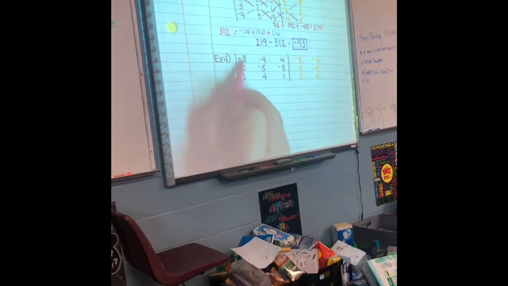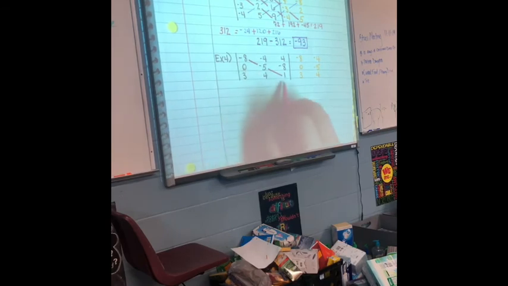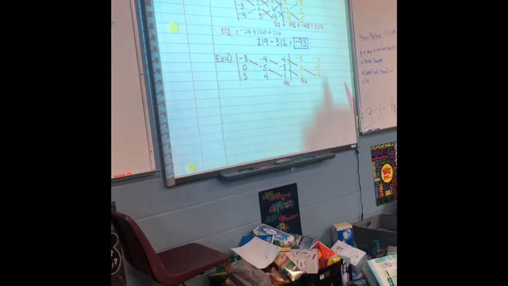Diagonals, starting with the left side. -8, -5, and 1. And go ahead and multiply those as I'm doing that. So that'll be 40. -4, -8, and 3 give me 96. And then 4 times 0 times 4 is 0.